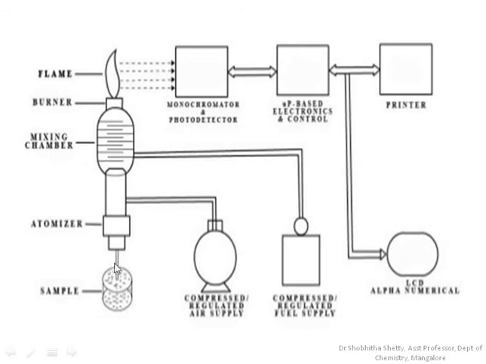Then it is injected through the nebulizer, where the atomization process takes place, and then the sample is sent through the mixing chamber in order to make sure of proper mixing of the elements and the flame or the fuel that we are going to supply here. So this is the mixing chamber, and we have the burner here.